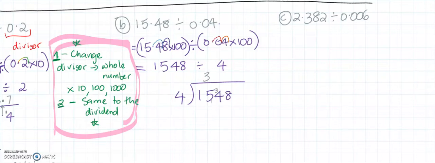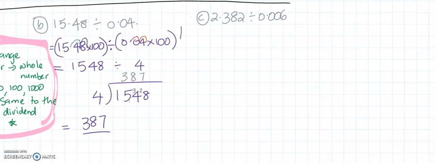It goes right next to the 4, makes it 34. 4 into 34, how many times? 9 times 4 becomes 36, so we have to go 1 down, so that's 8. 8 times 4 is 32. Take that away from 34, gives me a remainder of 2, so 2 goes right next to the 8, makes that 28. Can 4 go into 28? Yes, 7 times exactly, with no remainder. So our answer to 15.48 divided by 0.04 is 387.